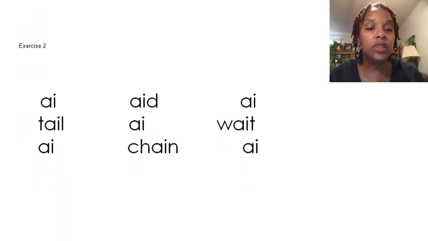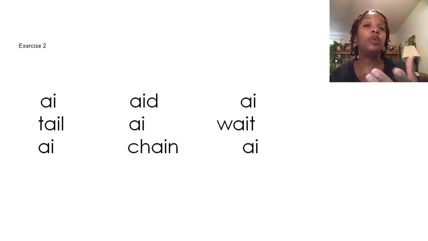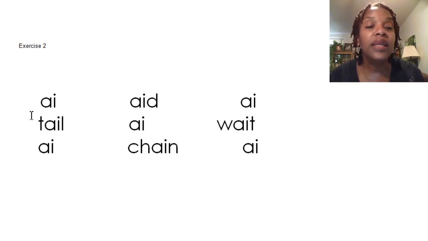All right. So, and this is to help you practice your eye muscle and your eye tracking skills. All right. Starting right here. Ready? Go. A, aid. A, tail. A, weight. A, chain. A.